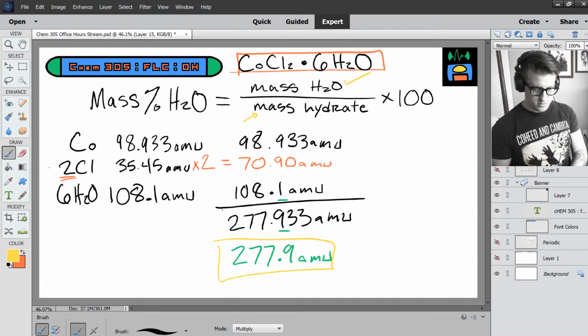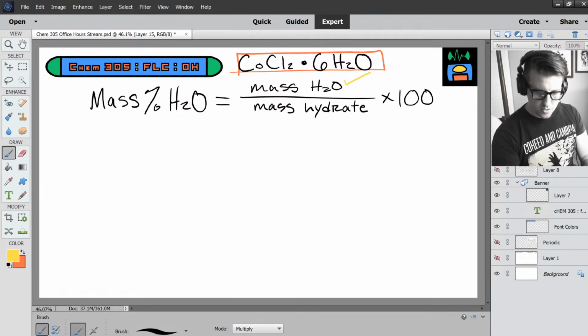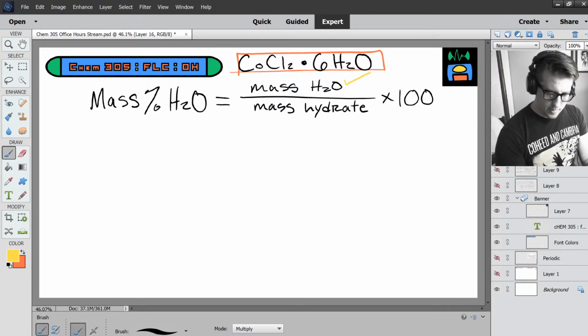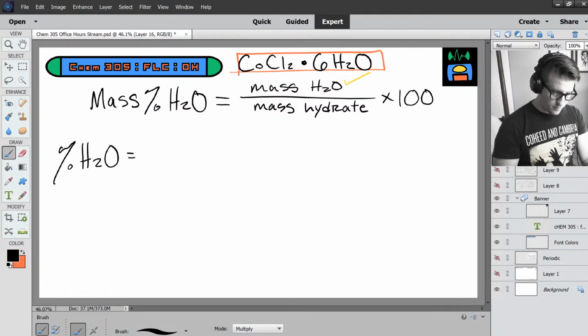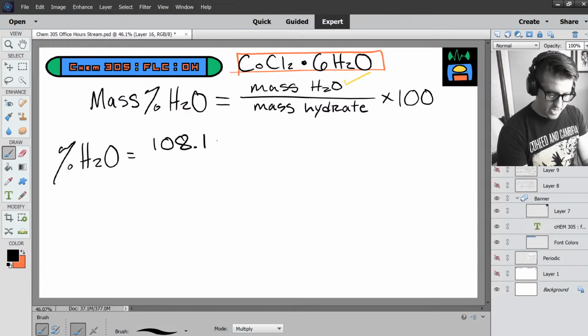And now we're ready to calculate our percent mass of water for cobalt(II) chloride hexahydrate. So the mass of the water, 108.1 AMU, over the mass of our hydrate, 277.9 AMU, times 100.